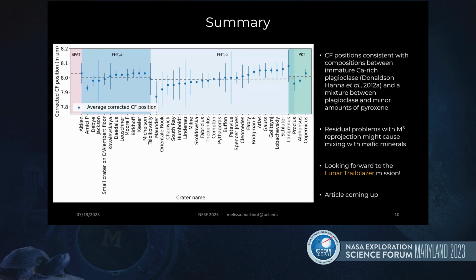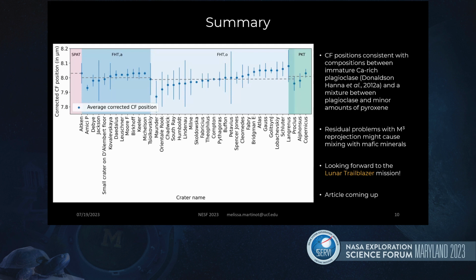This is a summary of all the CF positions for all the craters that I showed you on the first map. They are ranked by lunar terrain. In red, it's the South Pole-Aitken terrain. In darker blue, it's the feldspathic highland terrain, the anorthositic part. In lighter blue, it's the outer part of this feldspathic highland terrain. And in green, it's the Procellarum KREEP terrain. The dashed lines represent the terrain average.